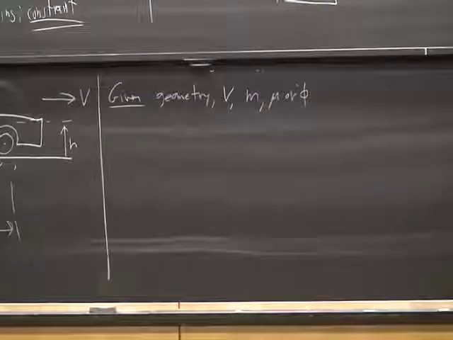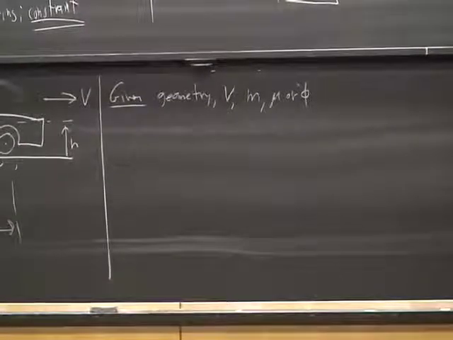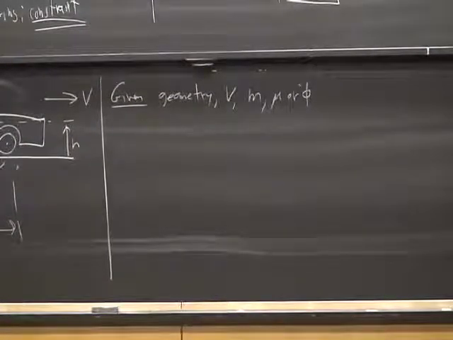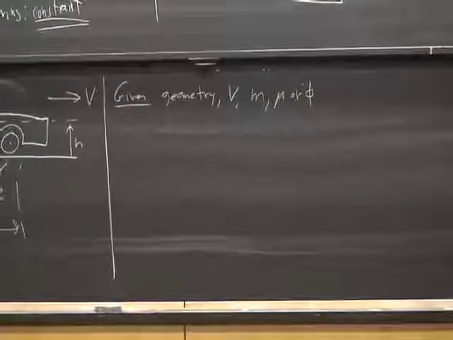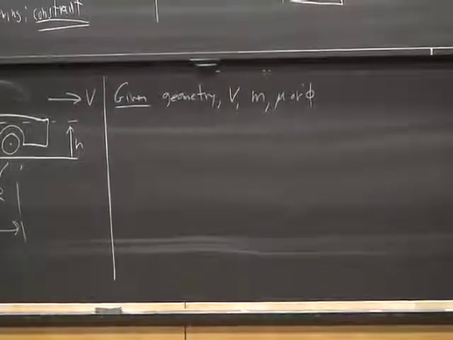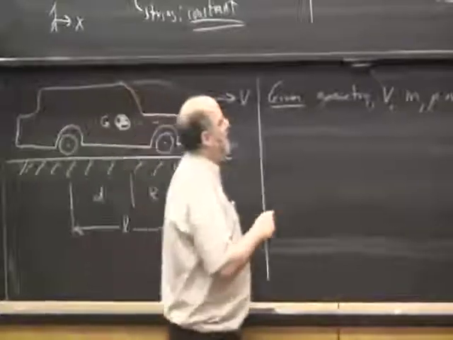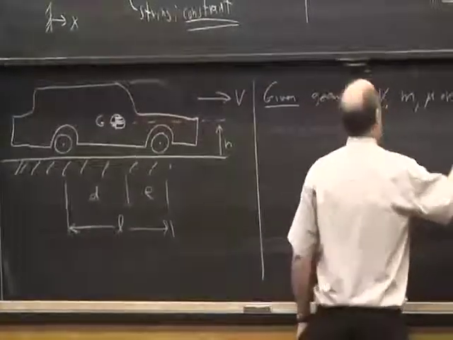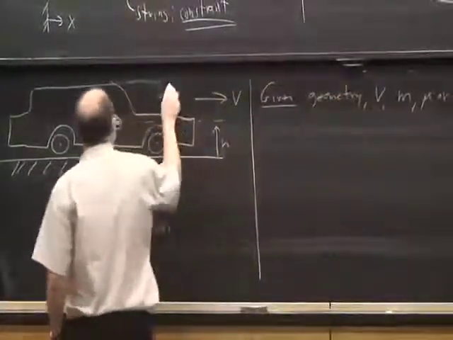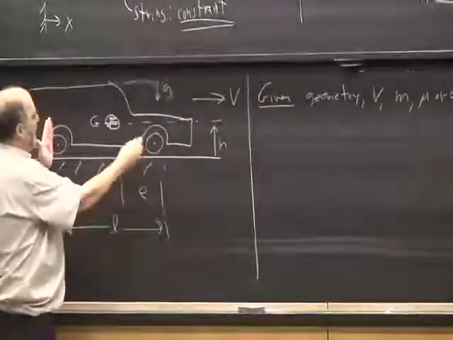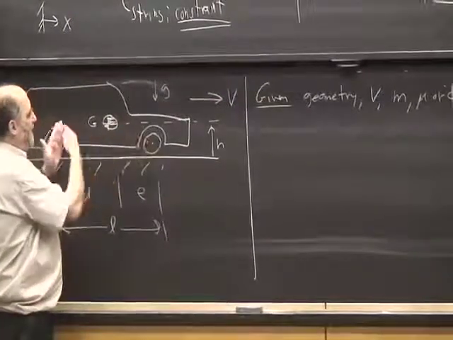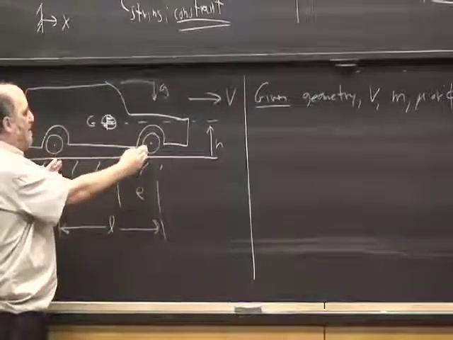Now, can you just do this in your head? A calculation you might want to do is, we're going to be given g, of course, too. You might say, well, this is sort of like a mass supported by 2 points.